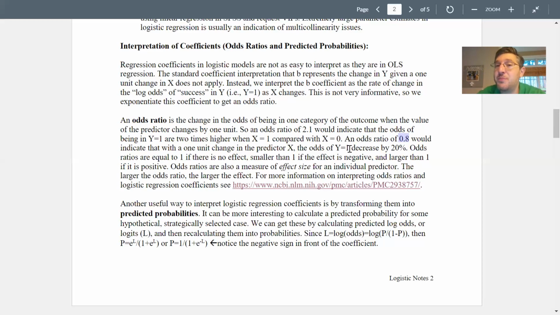Remember, we're trying to predict success in Y, whether you were in the group labeled Y equals 1. So what are the odds that you're going to be in there? If the odds ratio is less than 1, it's saying that increasing on the predictor variable means that you're decreasing in your odds of being in that group.